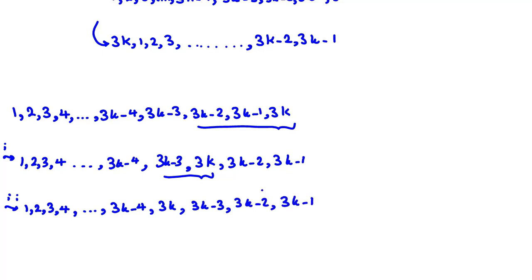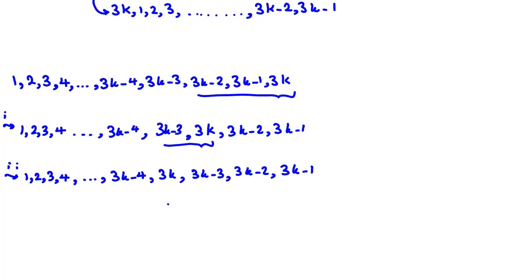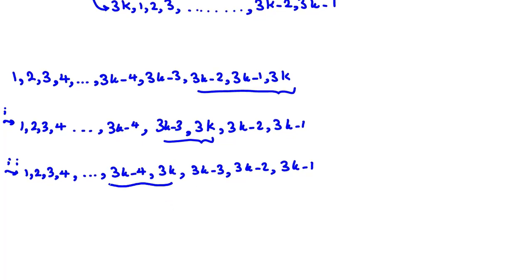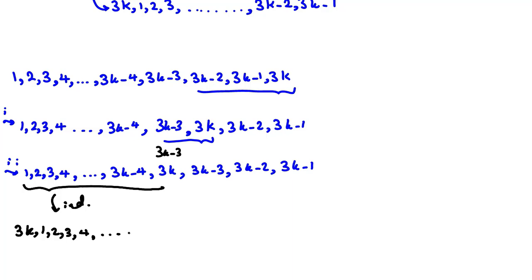Now let me tell you something. Here you can do this thing again, 3k, 3 ones and 1 like this, or we can use induction. You can say here we have 1, 2, 3k minus 4, for example, which is similar to 3k minus 3 because both of them are multiples of 3. So we can reach this by induction to 3k, 1, 2, 3, 4, 3k minus 4, and the rest.